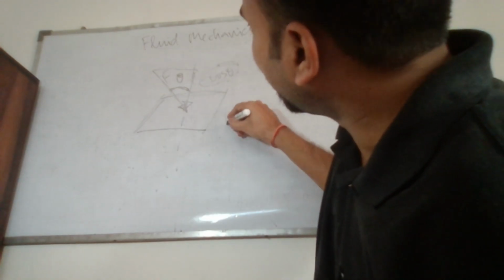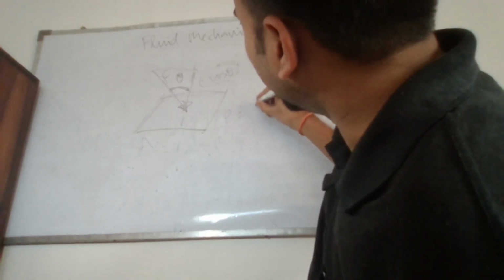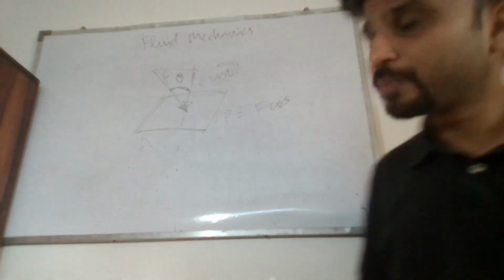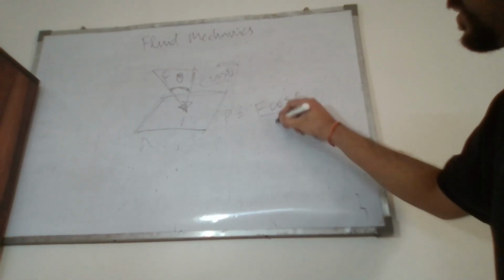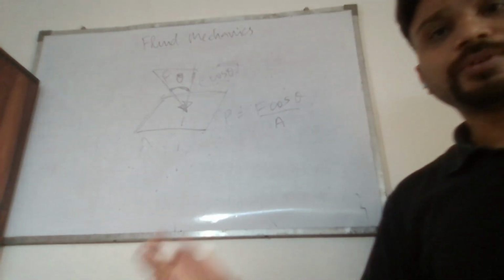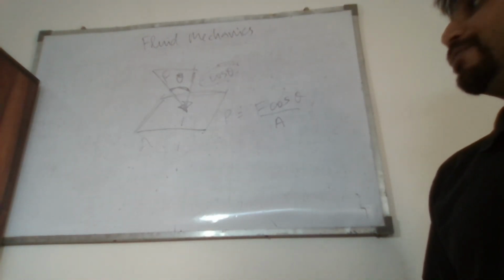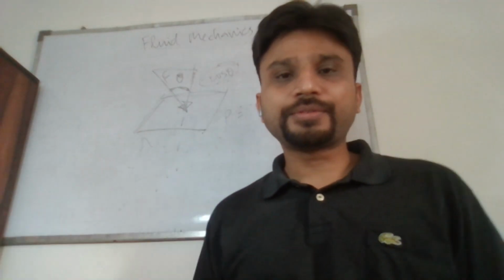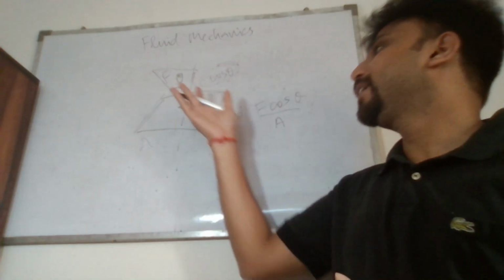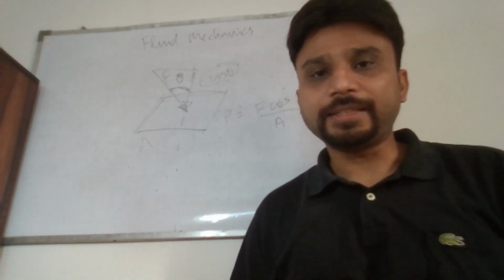So we say that the pressure acting on this surface, let's say of area A, is the perpendicular component of the force, that is F cos theta, divided by the area of the surface. So this is what pressure is. If this is an imaginary surface, or any kind of surface you imagine, we can take that the surface is at rest and this force F is acting like this.